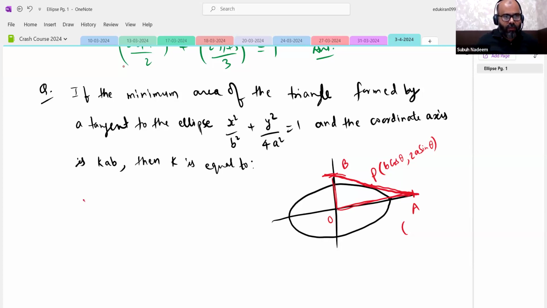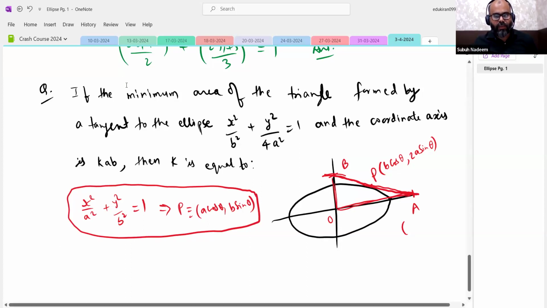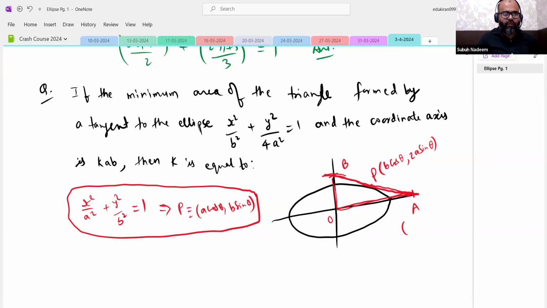If we have the equation x square by a square plus y square by b square equal to 1, as we discussed above also, then the parametric point is a cos theta comma b sin theta. So here, if we see a, it is b actually, and if we see b, it is 2a actually. So we write it like this. Now, the equation of tangent we have to write, right? First, write till here.